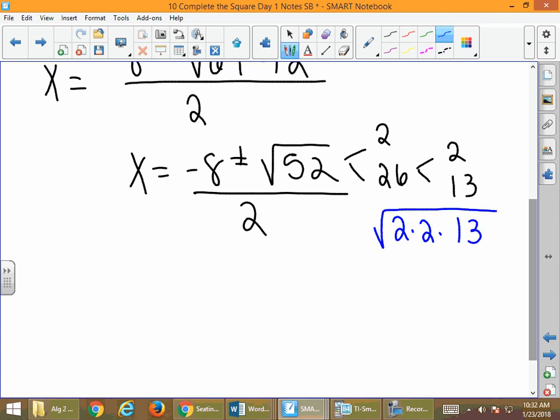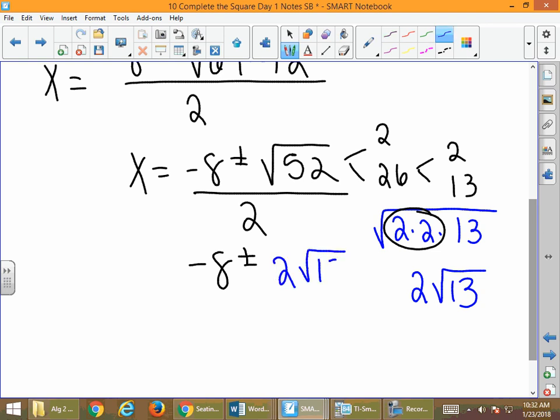When we're simplifying the square root, we're looking for 2 of the same value to take out 1. So this is going to become 2 times the square root of 13, and that's what's going to replace the square root of 52. It's going to be 2 times the square root of 13 divided by 2.